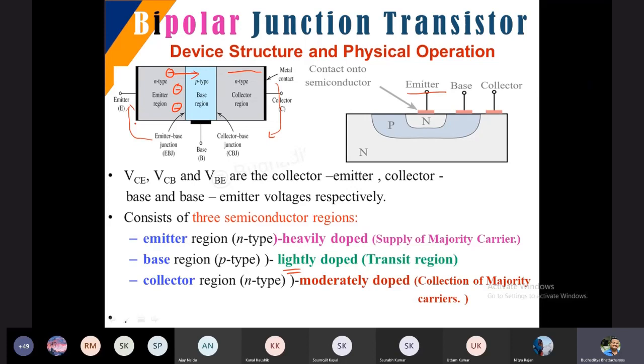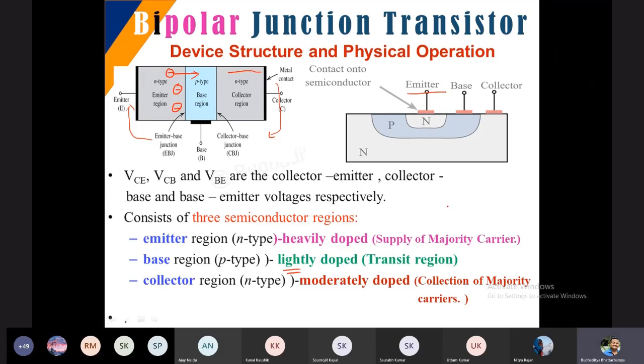And that is the major concern. We want to make this a current control device. So we definitely require the P type to be very thin as well as lightly doped. It's just that little bit of width that should be provided for the base.